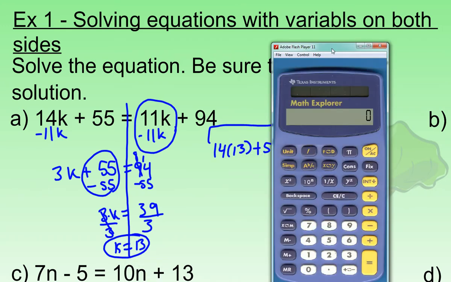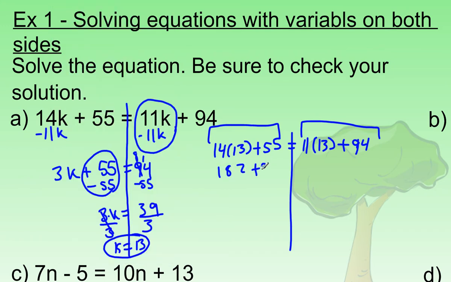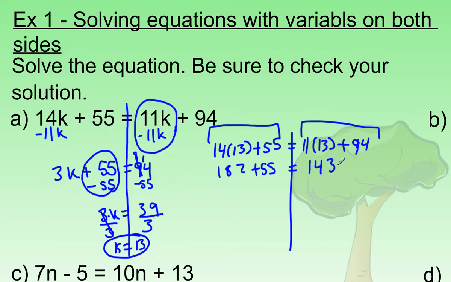Okay, Mr. Calculator is going to help us out with some math here. So we're going to do 14 times 13, 182 plus 55 equals 11 times 13. I feel like I should know that one, but I don't. 11 times 13, 143 plus 94. And then we still want to know, are the two sides the same?